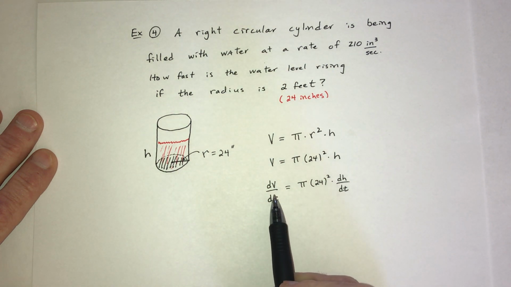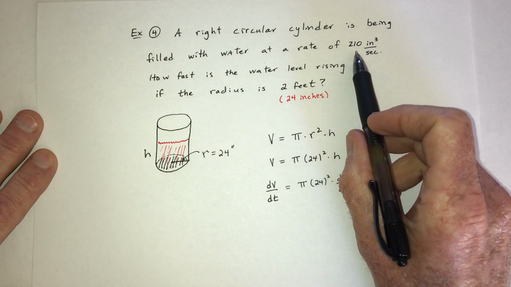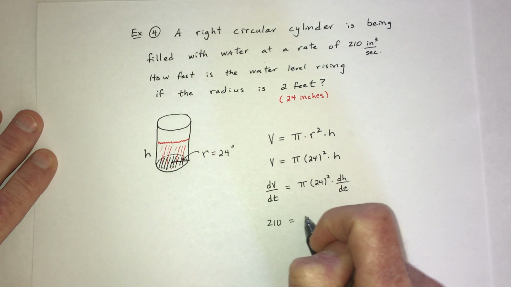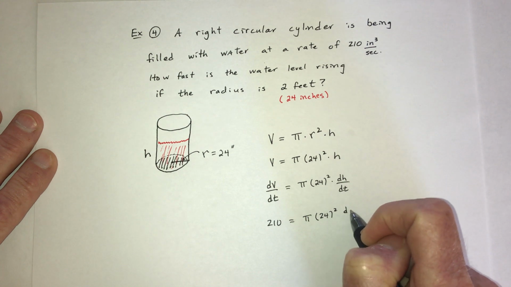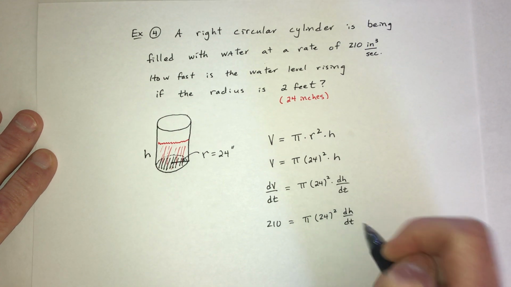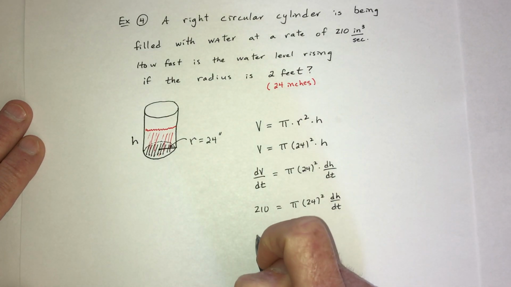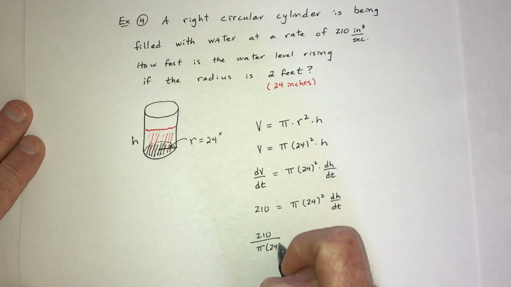So we just need to do two more steps. One is, this is the dV/dt, so substitute that in. And then the last step will be just divide by this pi and 24 squared. And then we'll be done with number 4. So it's going to be 210 gets divided by a pi and also a 24 squared.